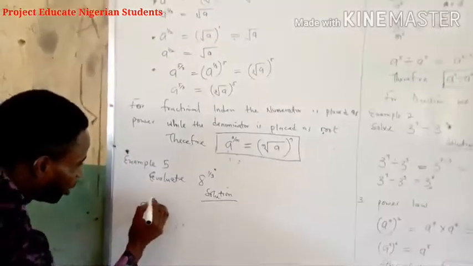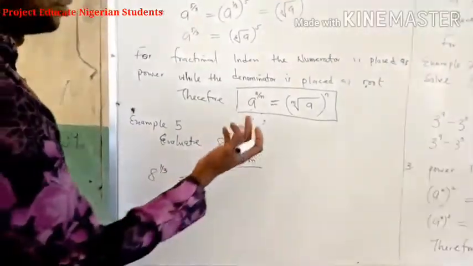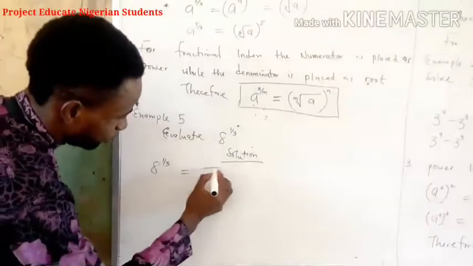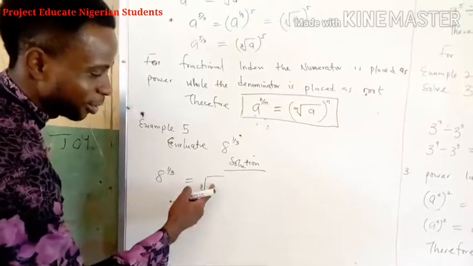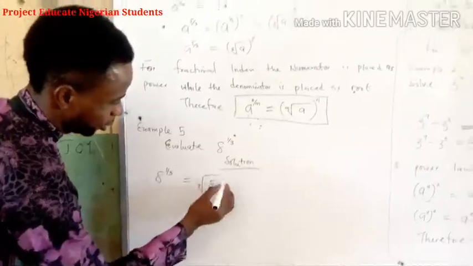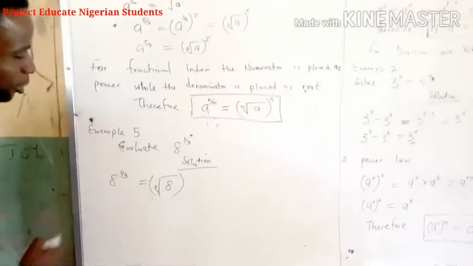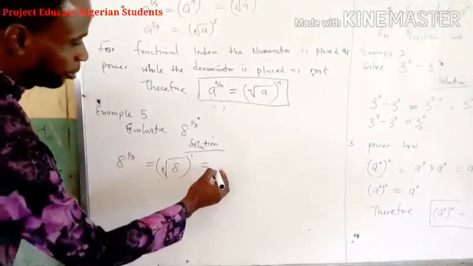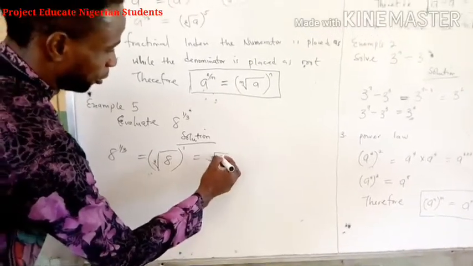And I have 8 raised to 1 over 3 is equal to, apply the rule. You put this symbol, you put 3 here. What should be here? Remember, the base is 8. And what should be the power? The numerator, which is 1. So this is the cube root of 8.